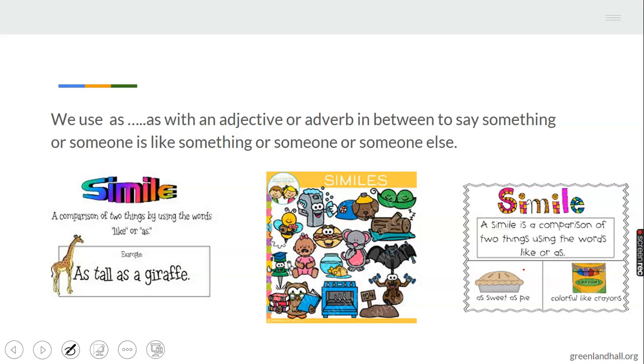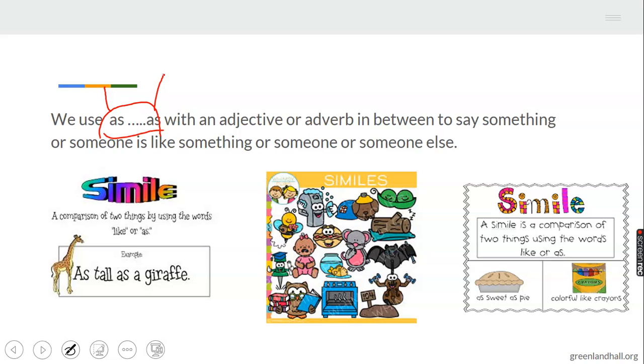Now, in simile, we use as dash as, take note of it, as dash as, or we use like. Okay, look at this one. As tall as a, can you see? As something as, maybe as tall as, or as cold as, or as big as, or as ugly as, or as kind as.